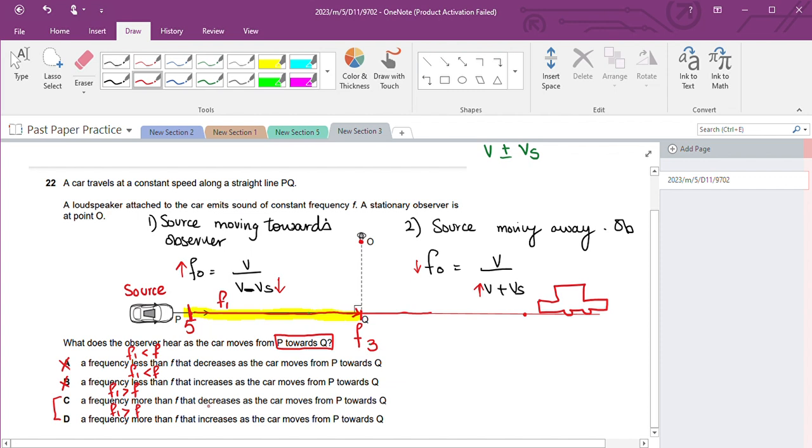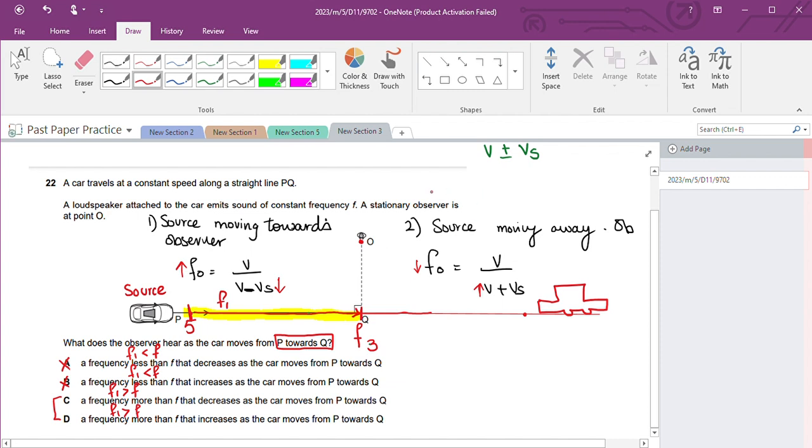C: a frequency more than F that decreases as the car moves from P towards Q. D: a frequency more than F that increases as the car moves from P towards Q. Definitely, we have just learned that when the car moves from P to Q, your frequency will gradually decrease to the normal frequency, whatever the frequency of the loudspeaker is.